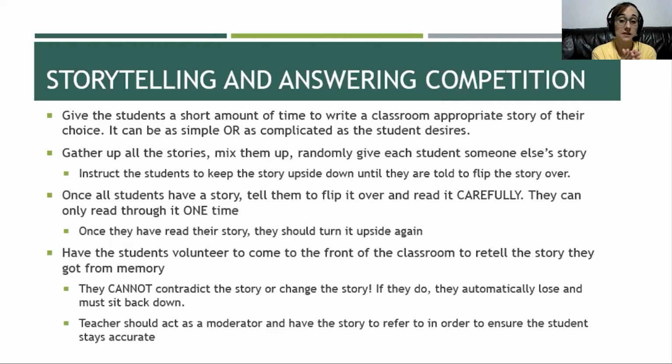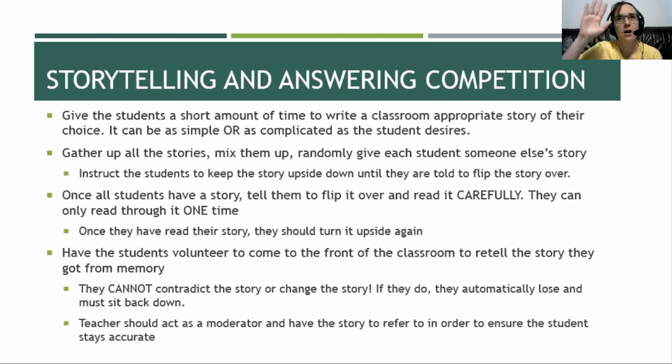The key thing being the student cannot contradict what the story says or any of their answers. So if the story, for example, did not give a name to a character, and someone asks a name, the student does have to give a name and say, oh, well, the character's name is George. They have to keep it George through the rest of the time.